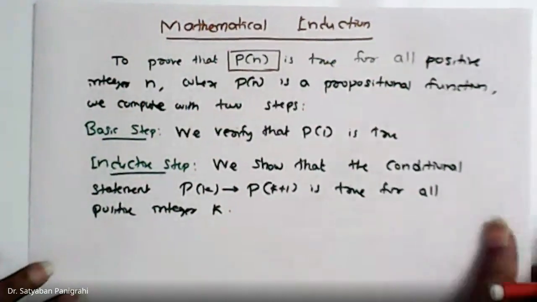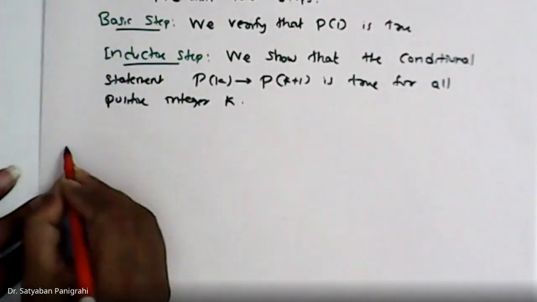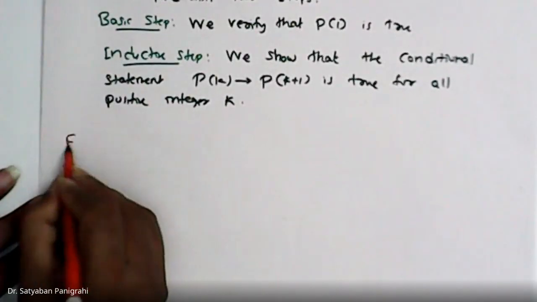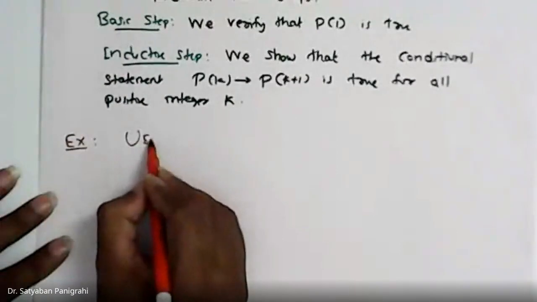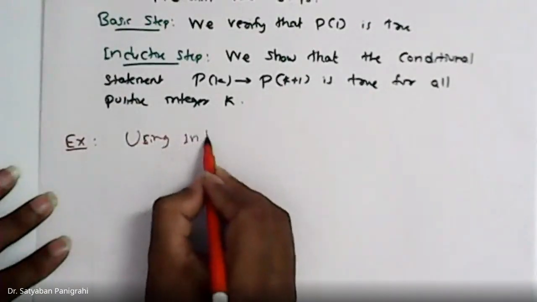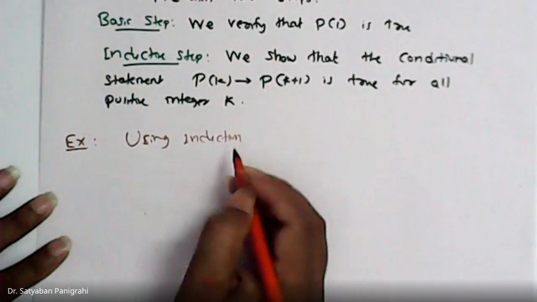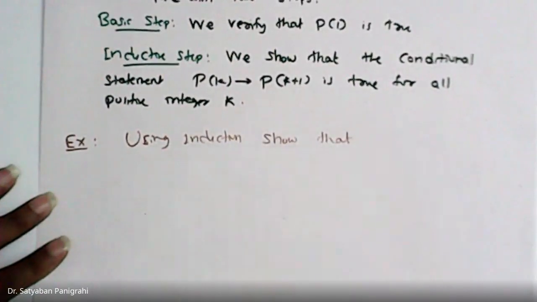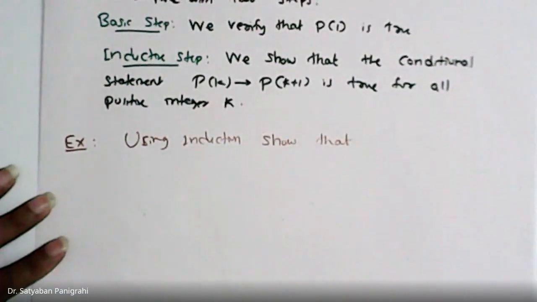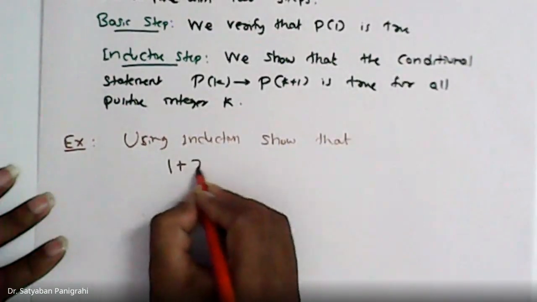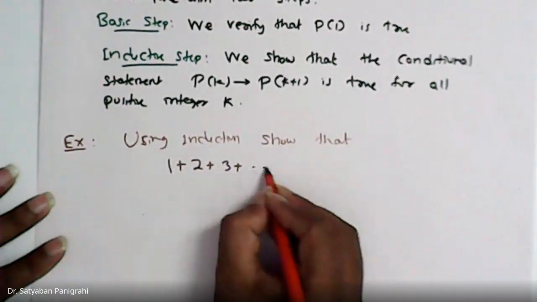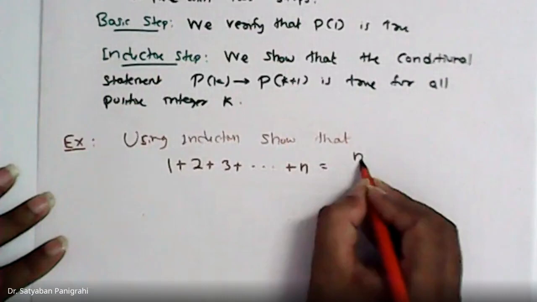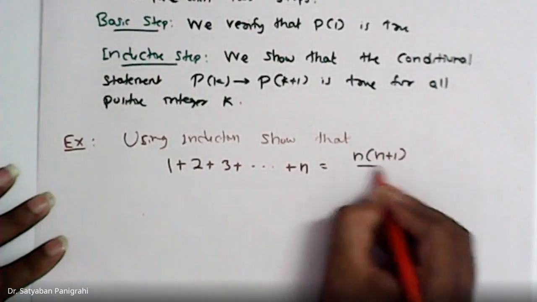Now, looking into this, we can solve one example. Using induction, show that 1 plus 2 plus 3 plus up to n equal to n into n plus 1 divided by 2.